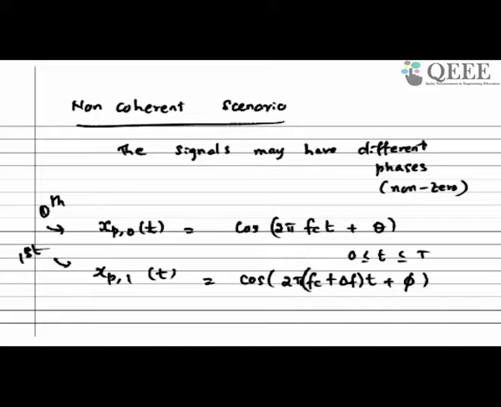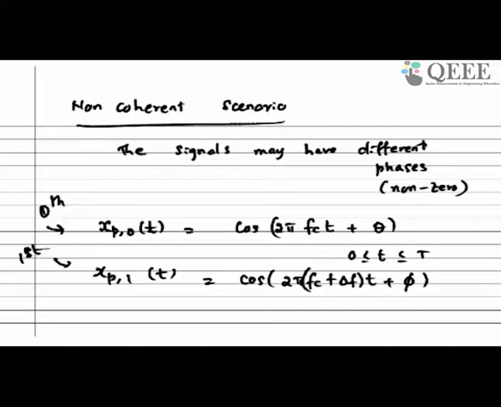So for instance, consider only two waveforms, one with frequency fc and one with frequency fc plus delta f, but they have two different phases. One has phase theta, the other one has phase phi. Irrespective of the values of theta and phi, we want these signals to be orthogonal.